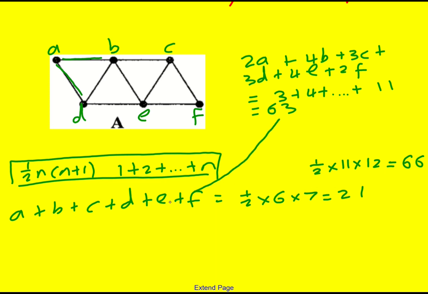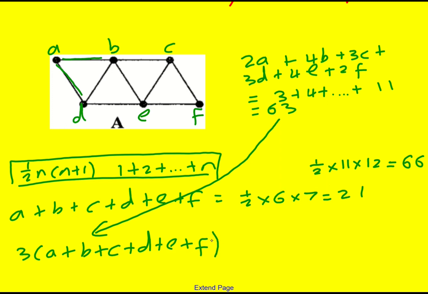So if I take this sum, then I've got 3 lots of A plus B plus C plus D, just playing with the sums really to see if anything comes out of it. And then I'm going to have to minus an A because actually I've got 2A here. I'm going to have to add a B because I've got an extra B. I'm going to minus an F and add an E. And that is equal to 63.